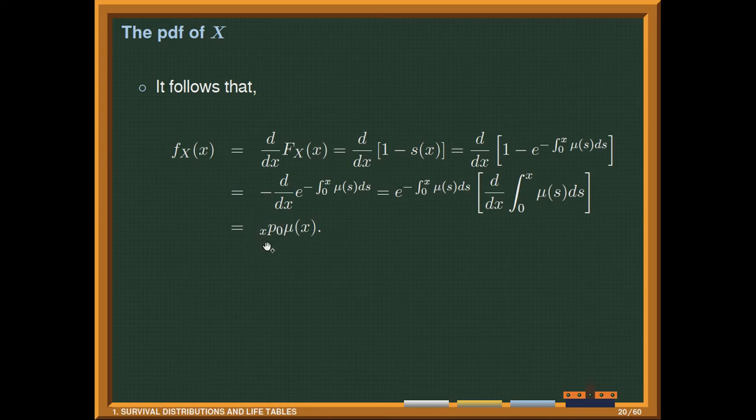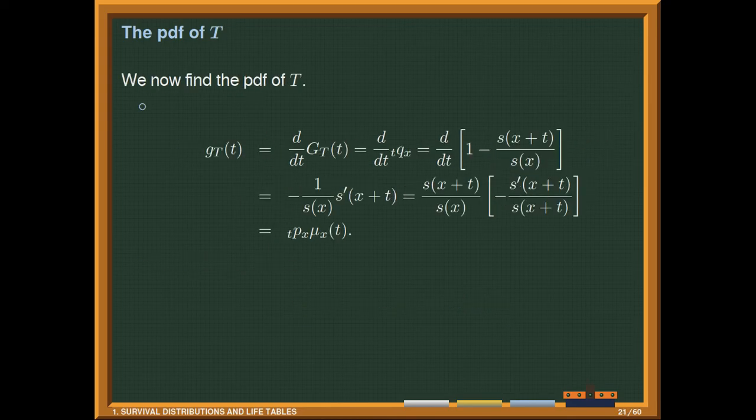By the way, this is actually just the survival function of x evaluated at small x, right? So the PDF of x is the survival function of x evaluated at small x times the force of mortality evaluated at small x.